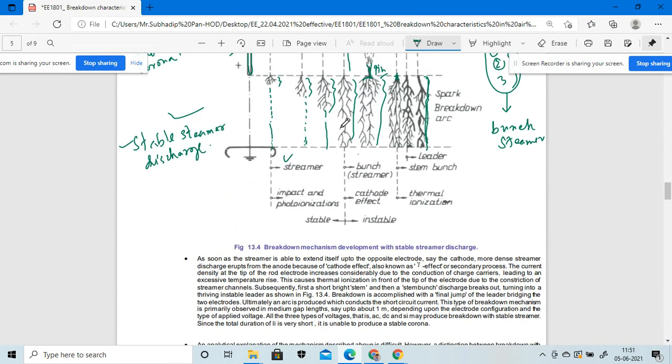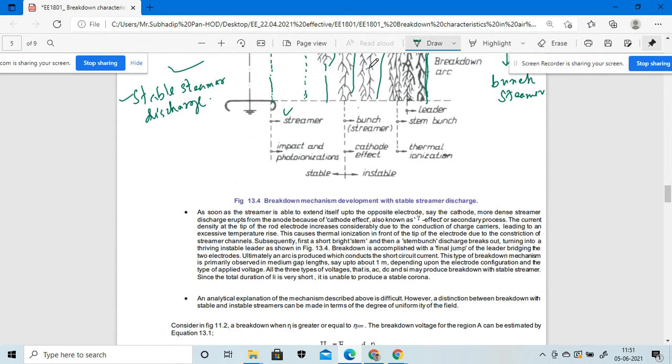Any analytical explanation built into this mechanism has to be described in a very difficult manner.